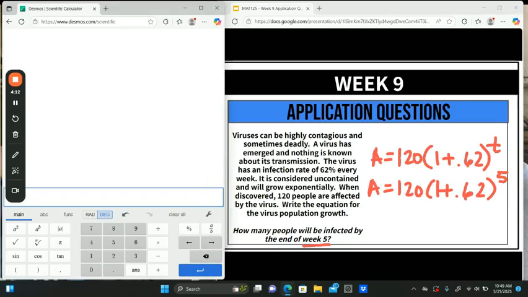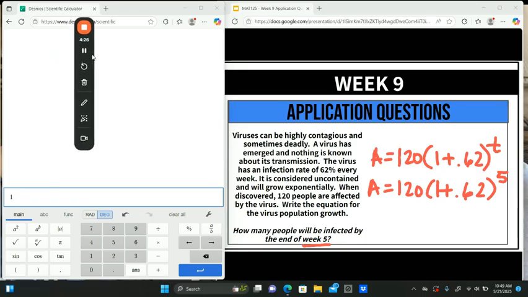So we've got 120 times 1 plus 0.62 to the 5th. Okay? And it calculates our answer for us.